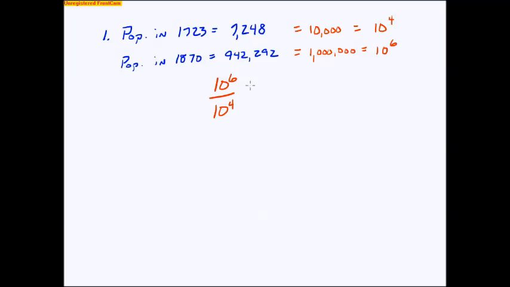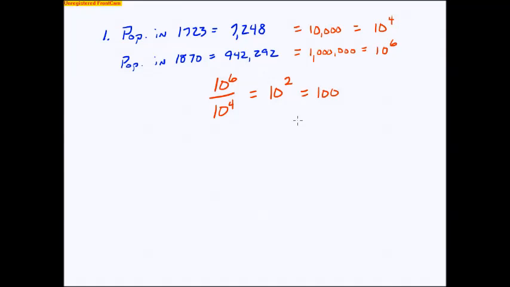Remember, when you have the same base and you divide, you keep that same base and subtract the exponents. So my answer is going to be 10 to the 2nd, which is 100. 10 times 10 is 100. So if I compare these two populations, in 1870, New York City had a population that was 100 times greater than in 1723.